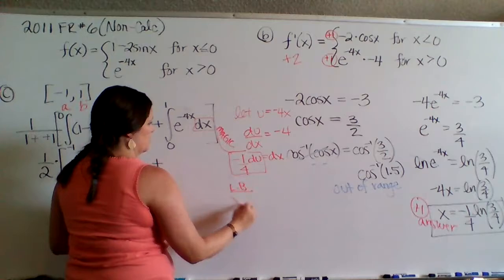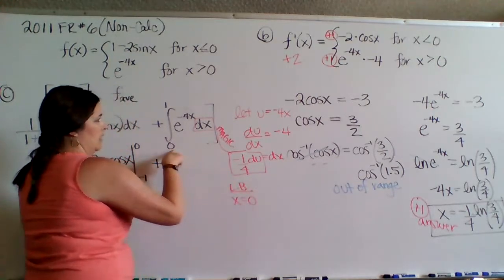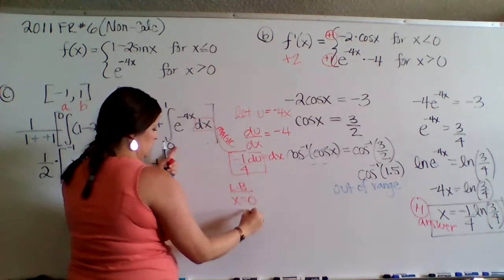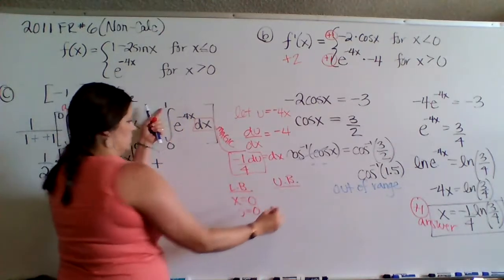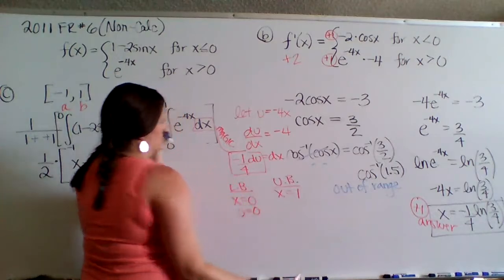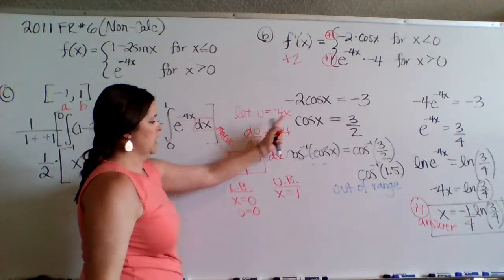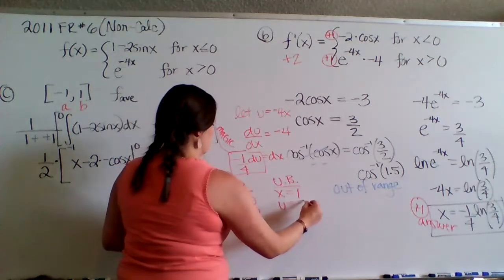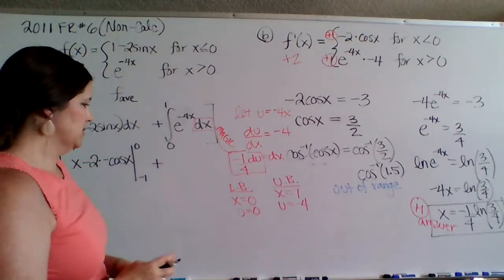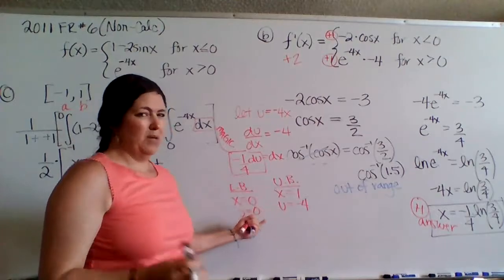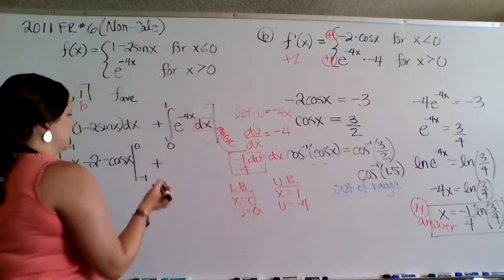So the lower boundary used to be x equals 0. If I plug that into my u statement, the u stays 0. My upper limit used to be x equals 1. But in terms of u, -4 times 1 would turn into -4. That's why I always label them, because they actually end up being backwards, so I'm going to have to negate that.